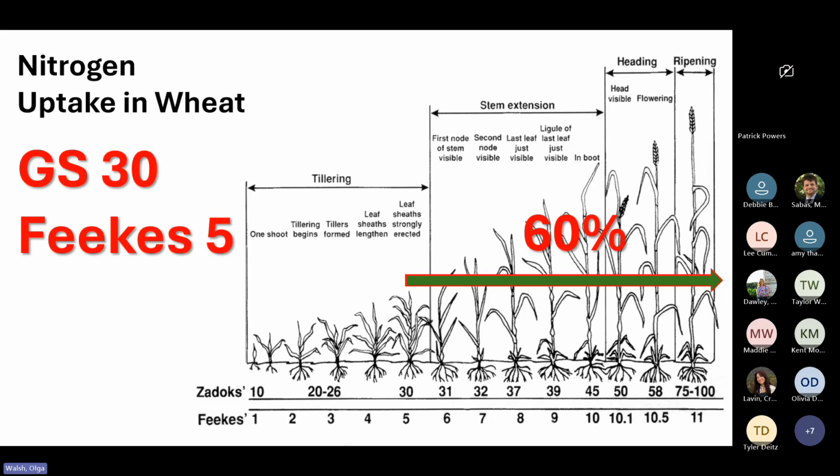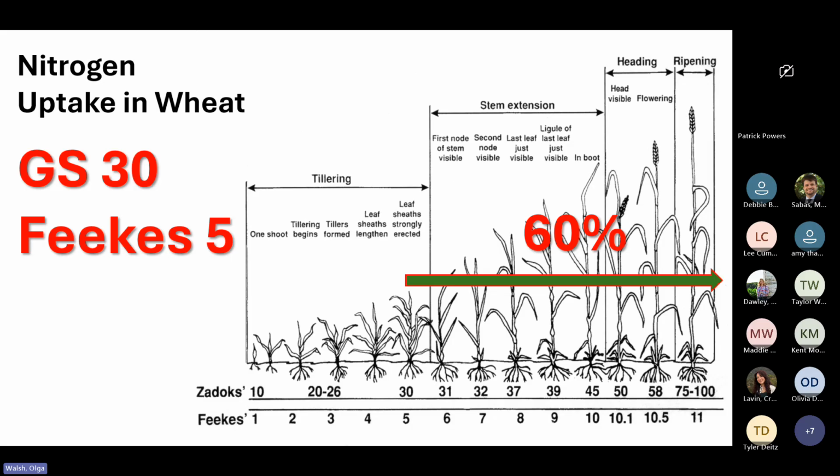We're still trying to provide enough nutrients at the right time and in the right form, where the plants can really take up the nutrients as needed, and that would really decrease the loss to the environment.